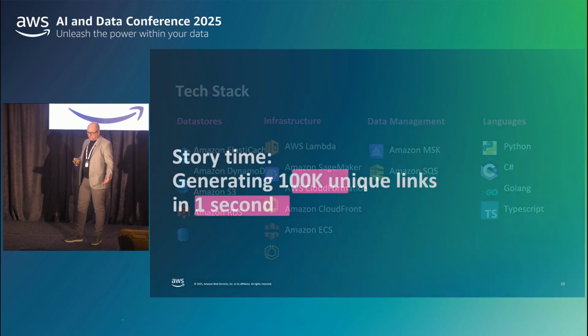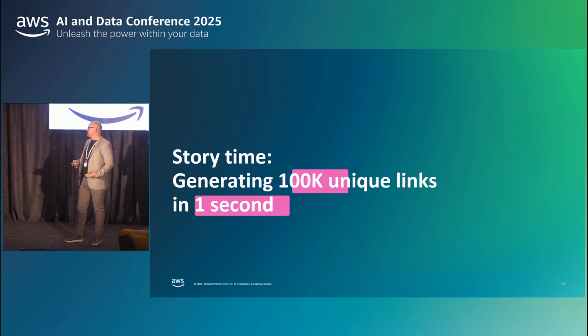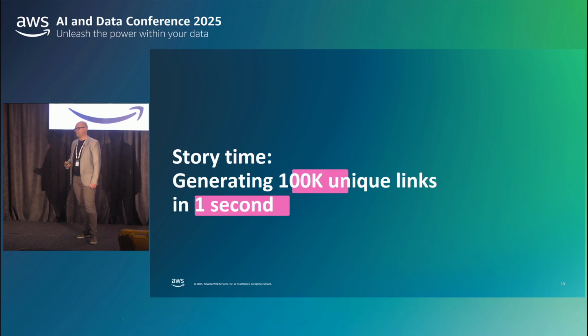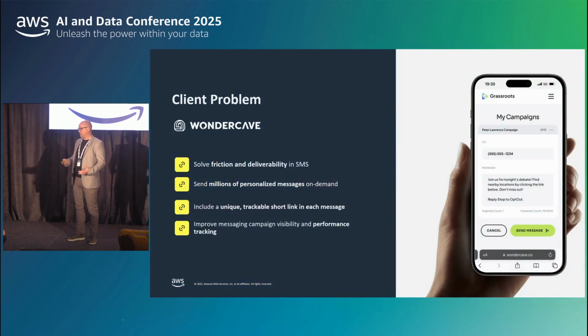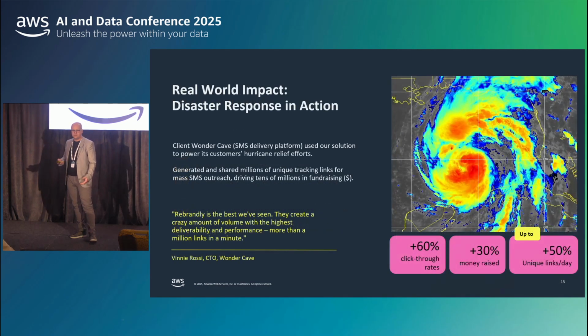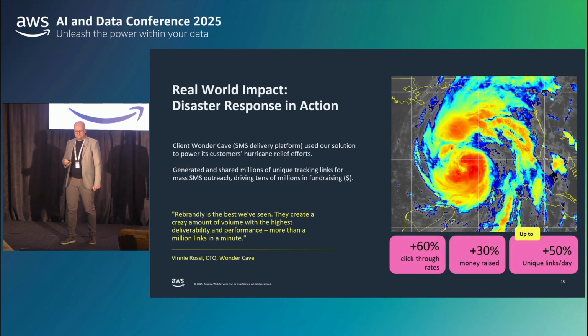So now I'm coming to this really exciting story: how we were able to achieve 100,000 links per second. We have a really great client named WonderCave, and WonderCave used our solution to run a really massive SMS campaign in the US to inform people about disasters. I will come to the next slide and tell you more.